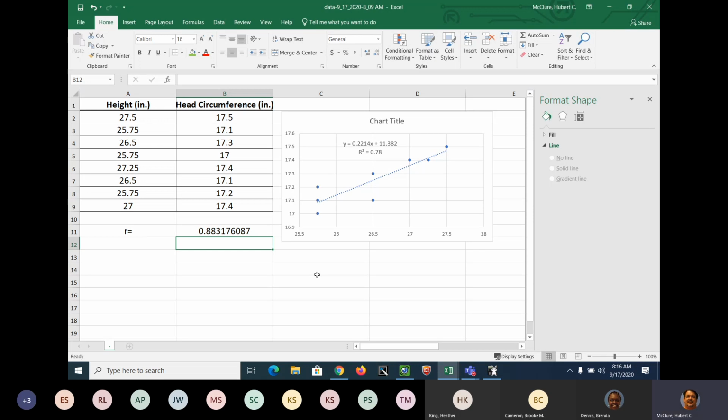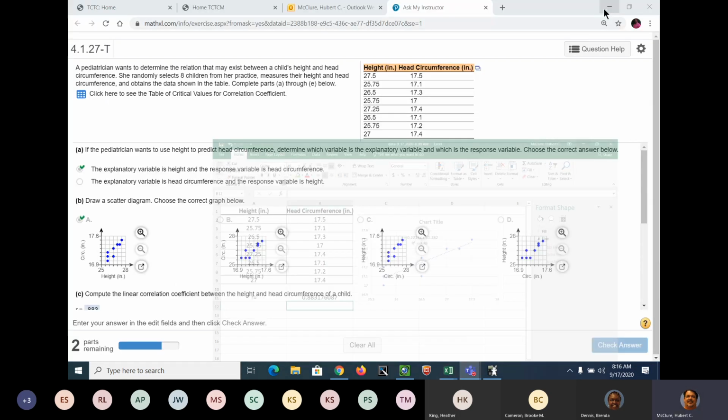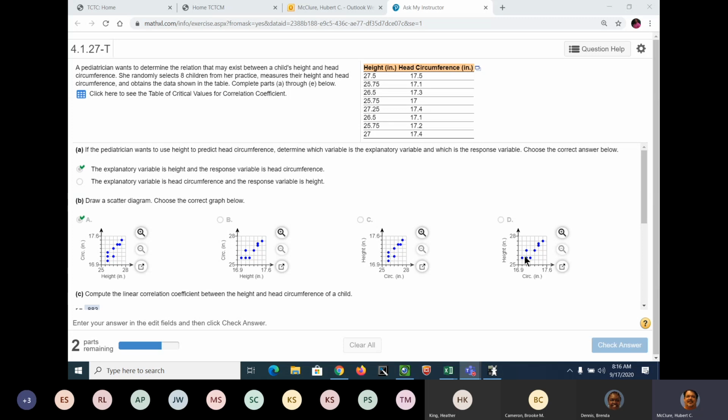So we're looking for that 3, 2, 1, 1, 1, and it's a positive slope. That's not it. So we got 2 that look alike, and I'm looking to see which one's different.